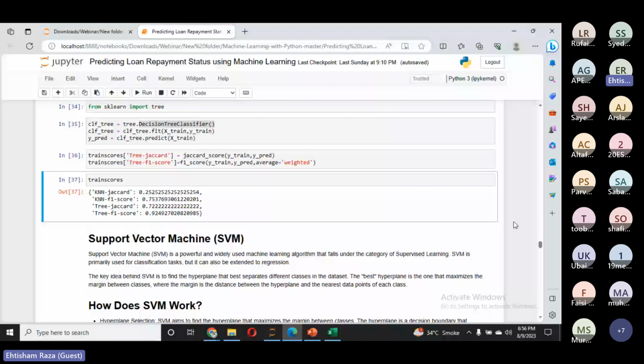SVM is widely used and falls under the category of supervised machine learning. It is primarily used for classification tasks and can also be used for regression, but it is not that famous for regression tasks. It works greatly with classification because it can create a decision boundary which can simply classify your data samples into two classes.